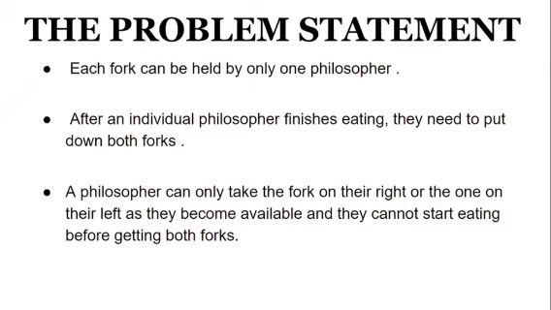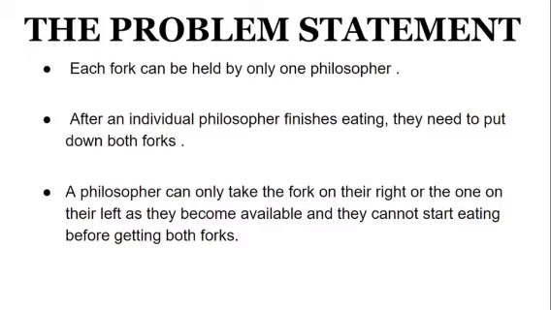Fourth point is each fork can be held by only one philosopher, which is easy. One philosopher can have one fork, but with the third point, we see another deadlock here.